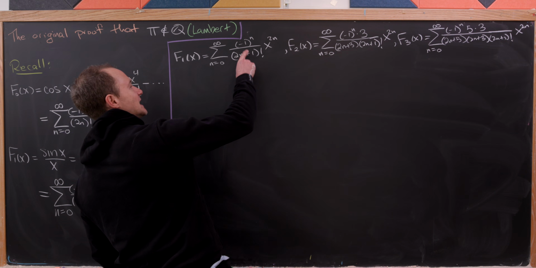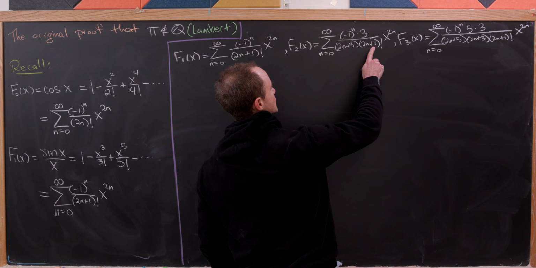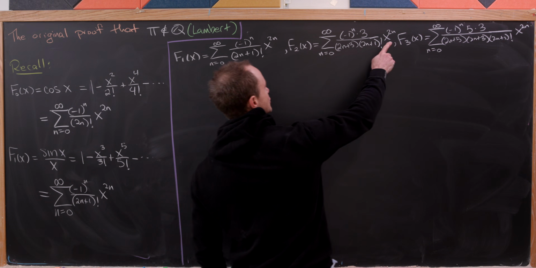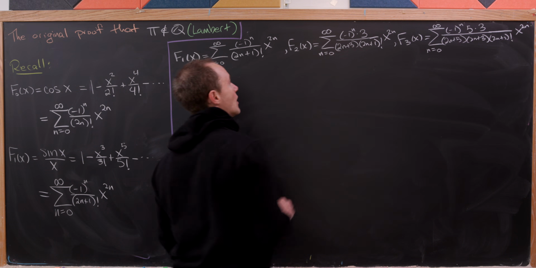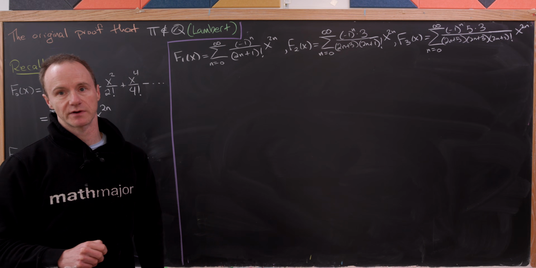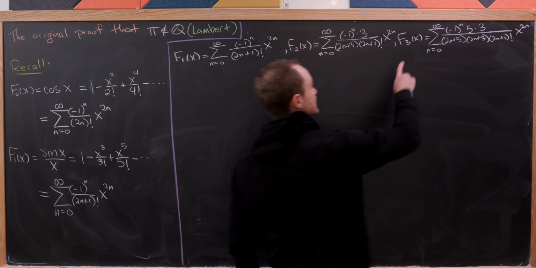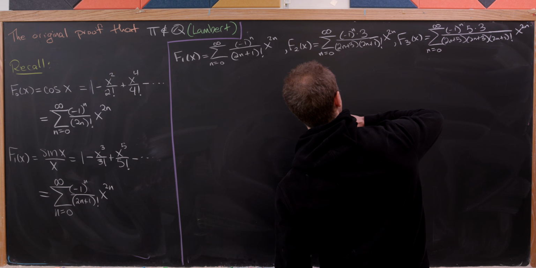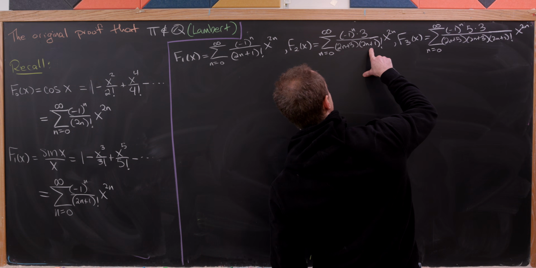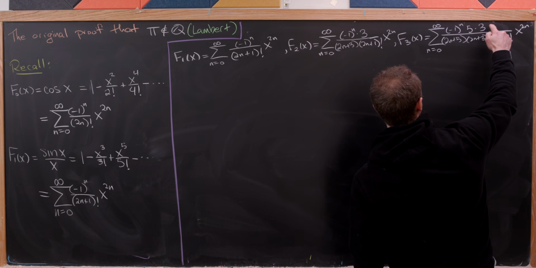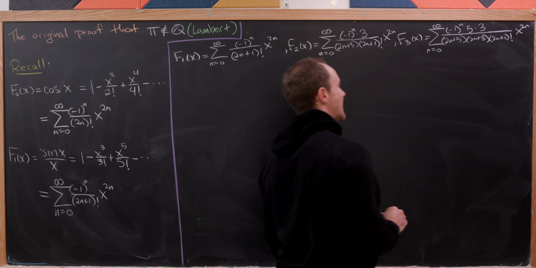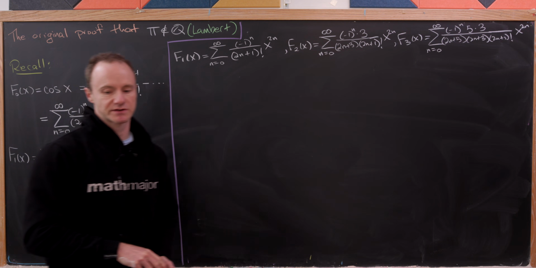Notice that it's got this minus 1 over 2n plus 1 factorial term, this x to the 2n term, but what is included in it now is a 3 over 2n plus 3. And then f sub 3 likewise has that minus 1 to the n over 2n plus 1 factorial x to the 2n, but now it's including a 5 times 3 over a 2n plus 5 times 2n plus 3.